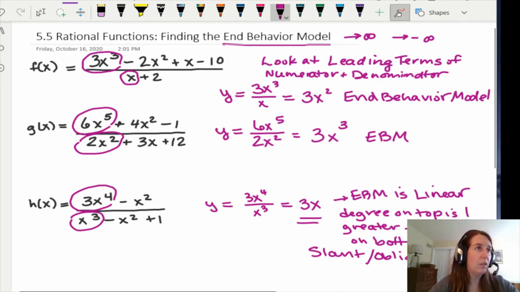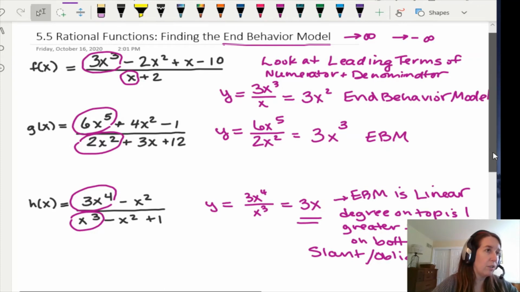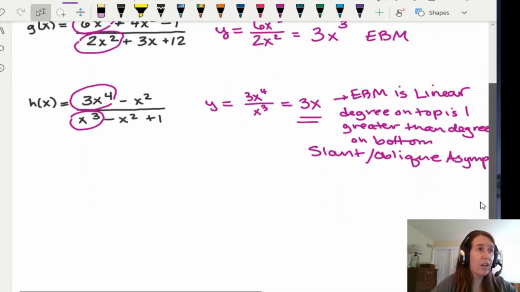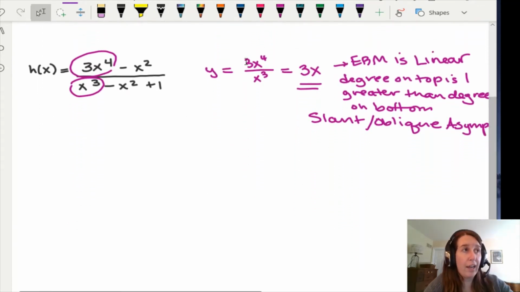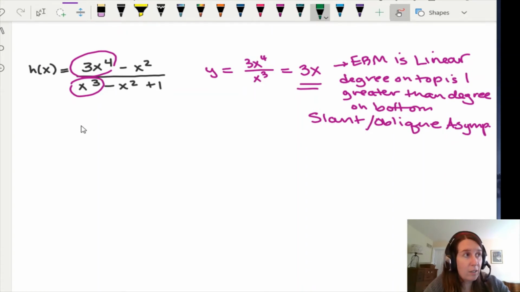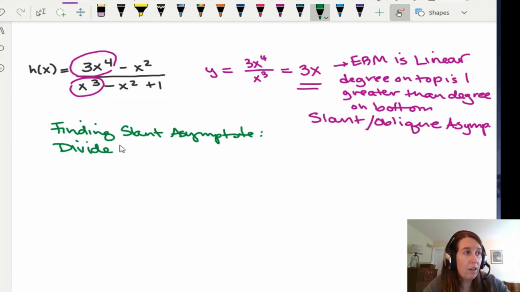Let's look at that one in a little more detail. In this case, they're actually not going to ask us for the end behavior model. They are going to ask us for the slant asymptote. So, finding the slant or oblique asymptote, we are actually just going to have to divide the numerator by the denominator.